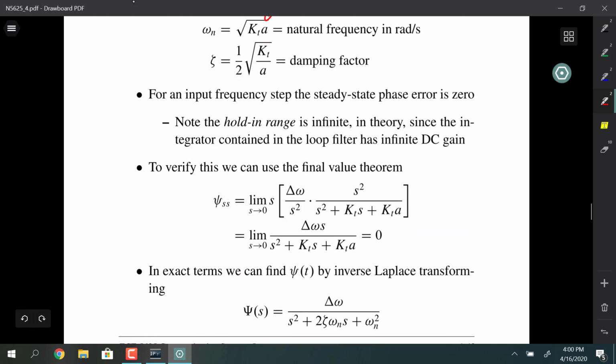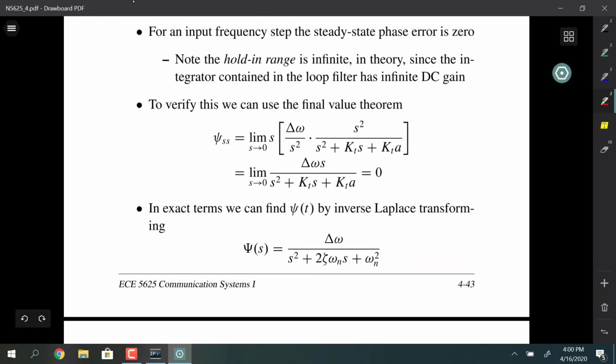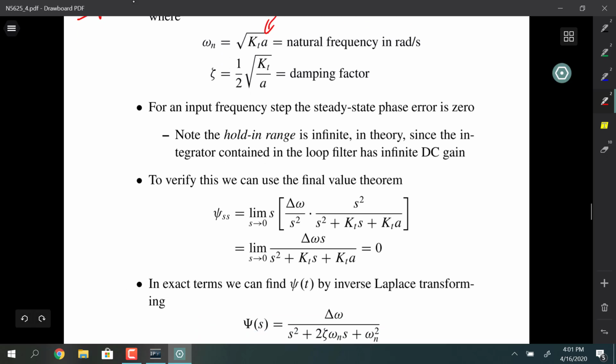One of the properties of a type 2 system is that if I put in a frequency step, which is a ramp with respect to phase, the steady state phase error will go to 0. And the way we show that is as follows.